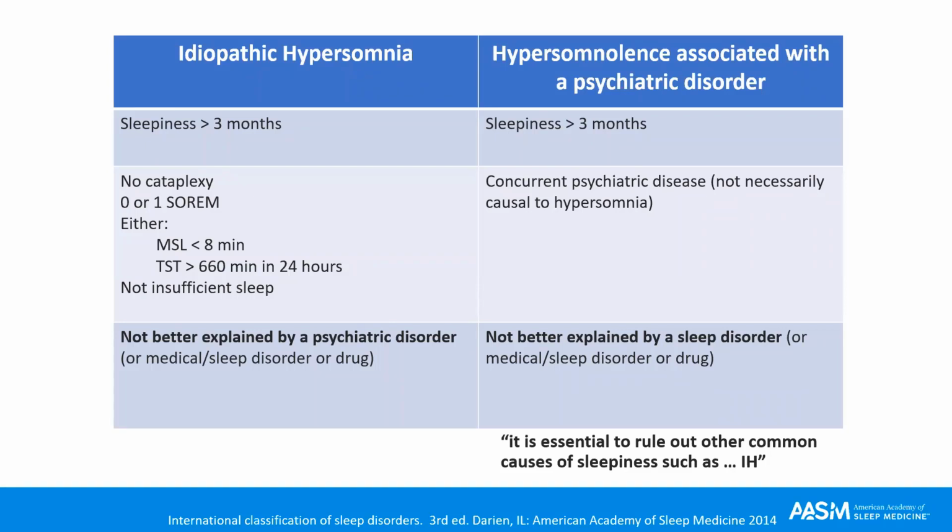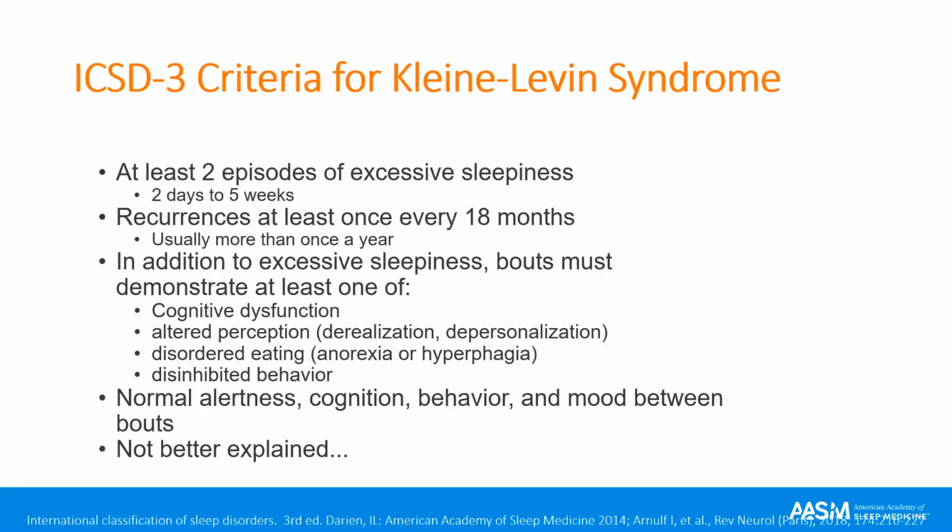There are some people with hypersomnolence associated with a psychiatric disorder who sleep objectively measured long durations, and about a quarter of them have an abnormal mean sleep latency on their MSLT. So this can be a tough distinction to make, but worth considering in your diagnostic process for things like idiopathic hypersomnia. All right, so those are the 4 sort of sleepiness related to or due to something else.